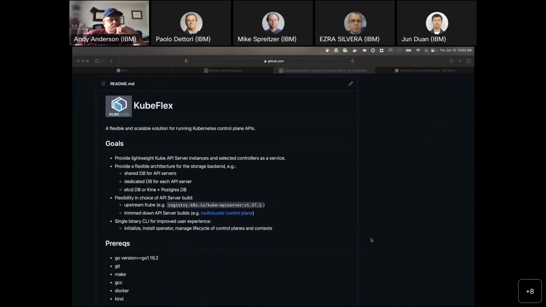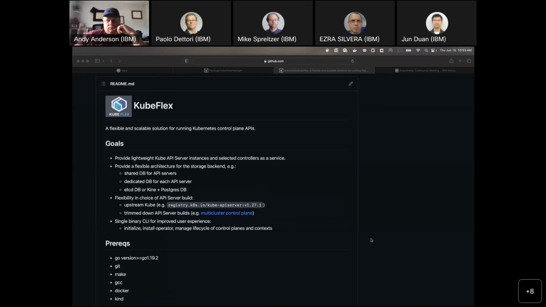One alternative, of course, is the kind logical cluster approach that is currently being built. And of course, in the future, we're going to look at other alternatives. KubeFlex provides essentially an alternative that tries to be somehow in between the workspaces or logical clusters provided by KCP and running full clusters.